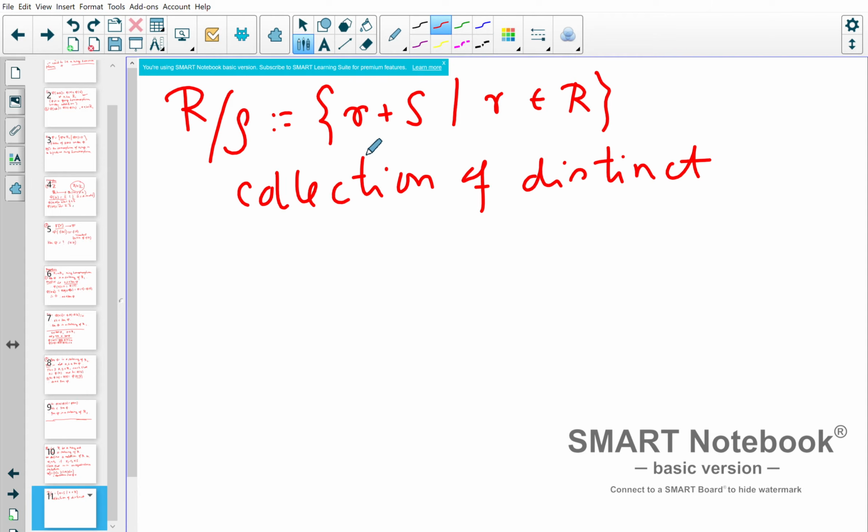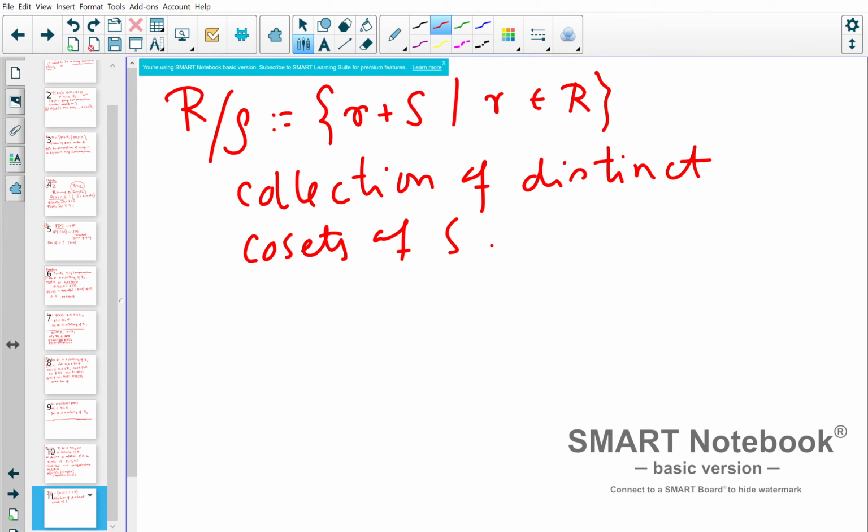But since the ring R is abelian with respect to addition, it is commutative, so it doesn't matter. So this is the collection of cosets of S. The natural question is whether inside this collection we can define a ring structure or not. Whatever we have done for group theory, can we play the same game here or not?